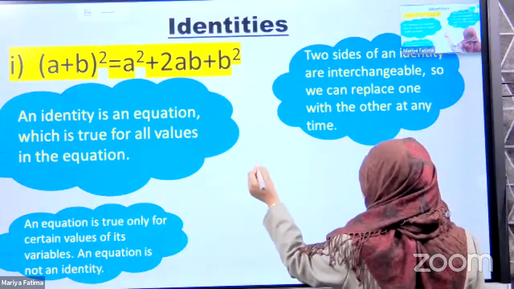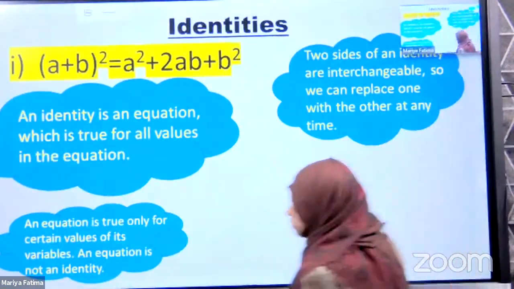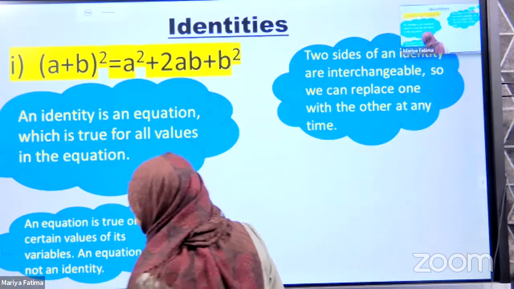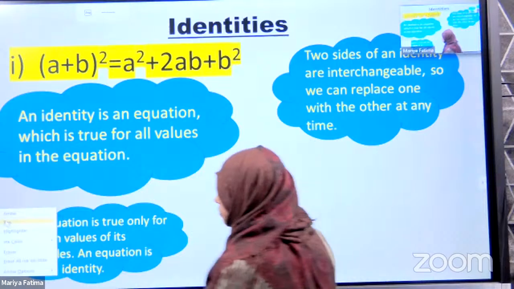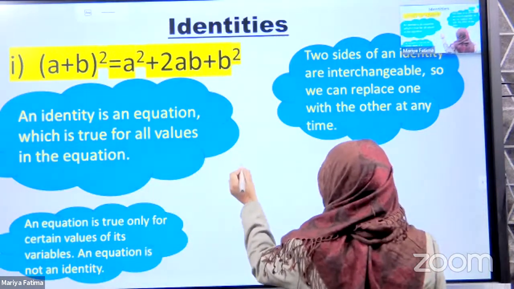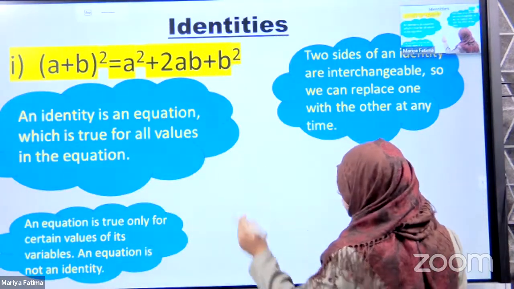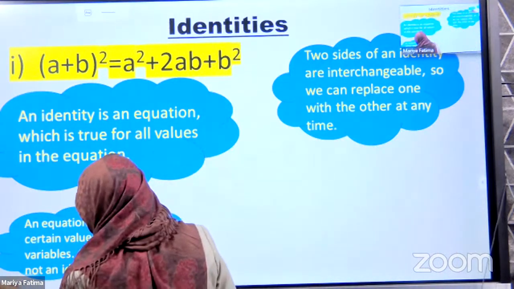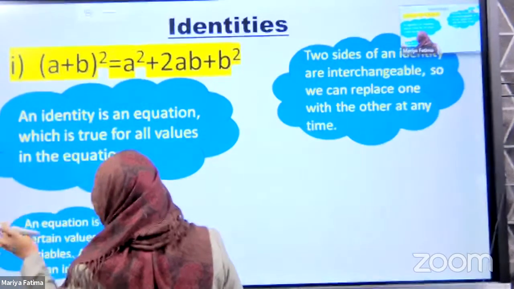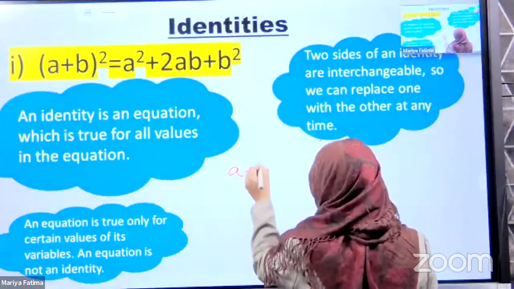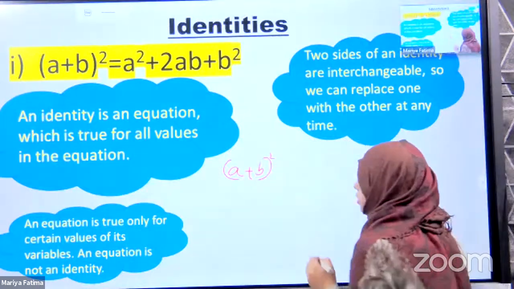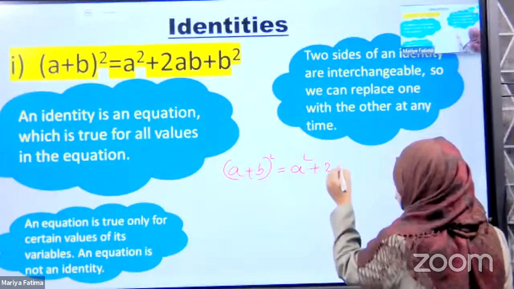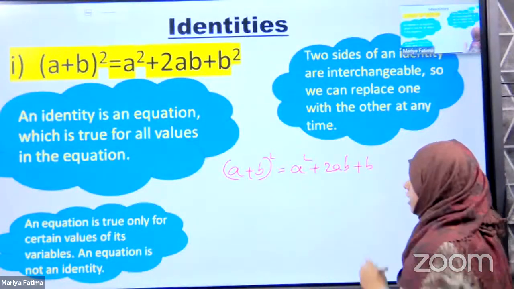So, what is an equation identity? (a + b) whole square is equal to a square plus 2ab plus b square.